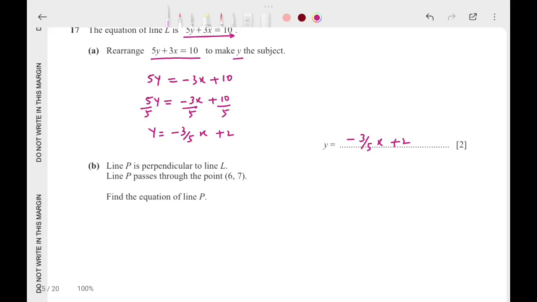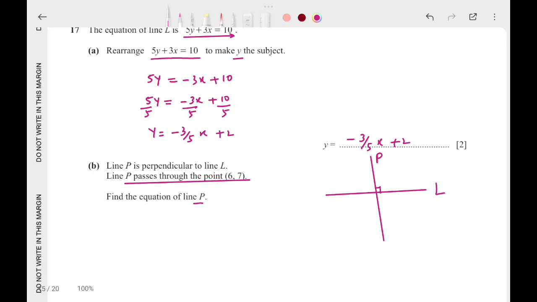Now B part. Line P is perpendicular to line L. So there is a line P that is perpendicular to line L. Let us suppose this is line L and this is line P, and both are perpendicular to each other. Line P passes through the point (6, 7).